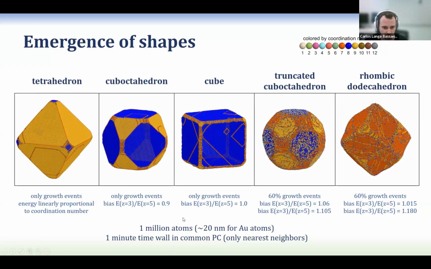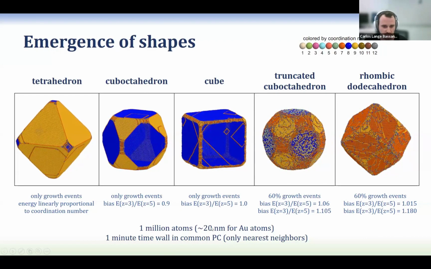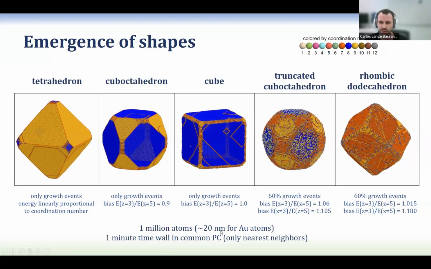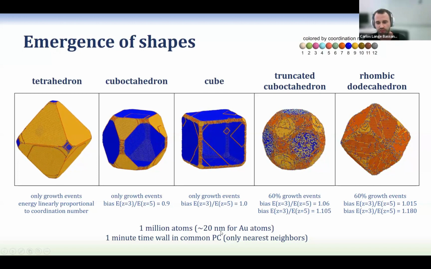Those are simulations for 1 million atoms, right? Around 20 nanometers would be the size of the nanocrystal. So this is realistic, and with those hypotheses on my computer, it only takes 1 minute to run one of the simulations, so it's very fast.